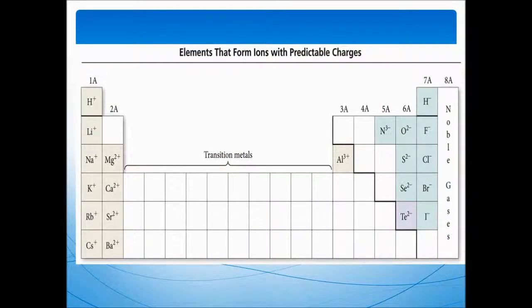When elements in group 1 lose electrons, they tend to have a 1 plus charge, whereas elements in group 2 have a 2 plus charge, and the nonmetals that gain electrons in group 6 tend to have a 2 minus charge, and the elements in group 7 have a 1 minus charge.